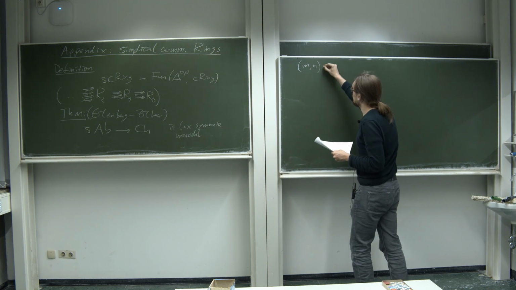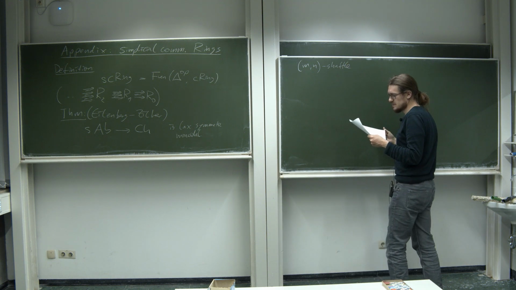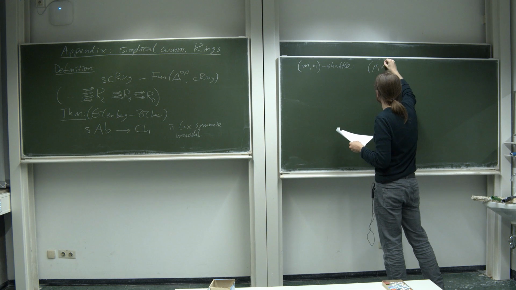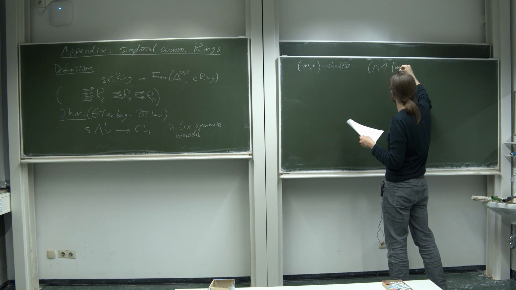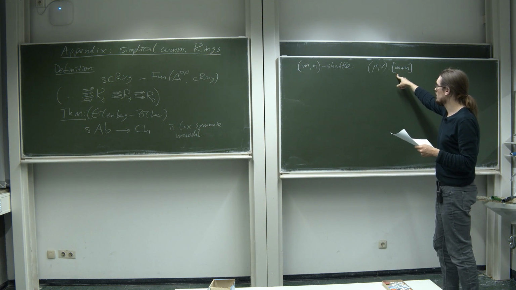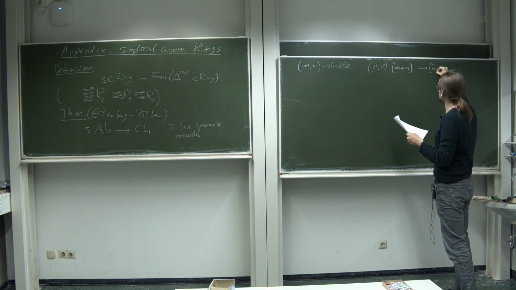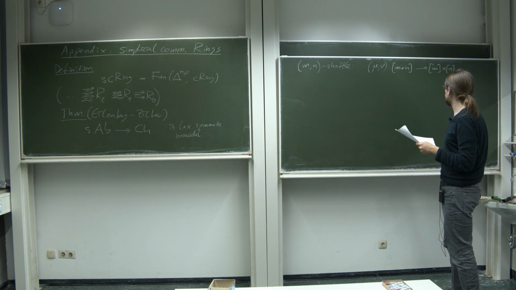An m, n shuffle is simply a map from the ordered set of numbers from 0 to m plus n to the product of the ordered set from 0 to m and the ordered set from 0 to n.